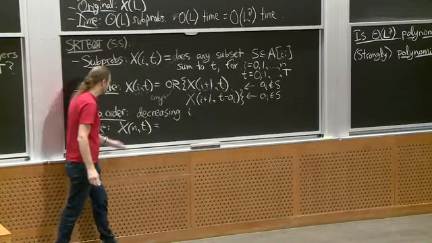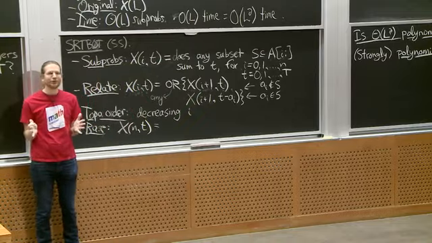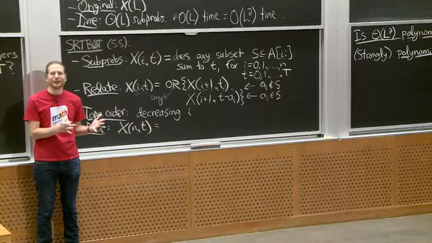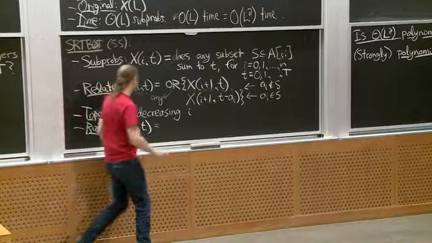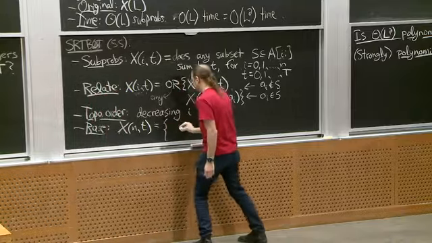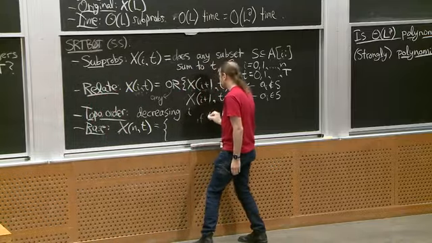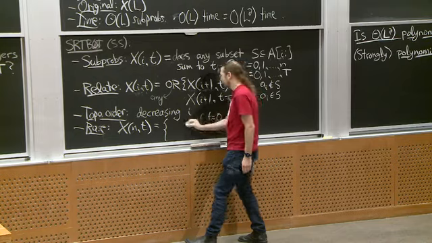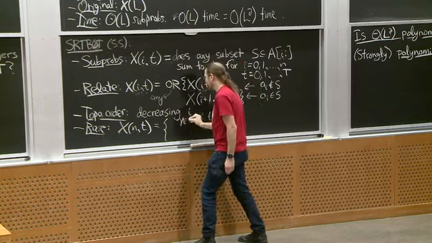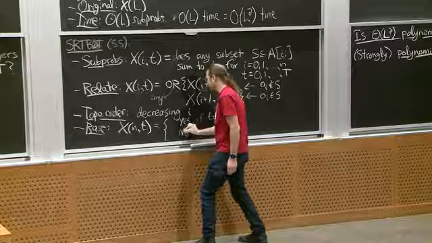But this is easy. This is saying, if I give you no numbers, what sums can you represent? And the only sum I can represent is 0. So if t equals 0, then the answer is yes. And otherwise, the answer is no.